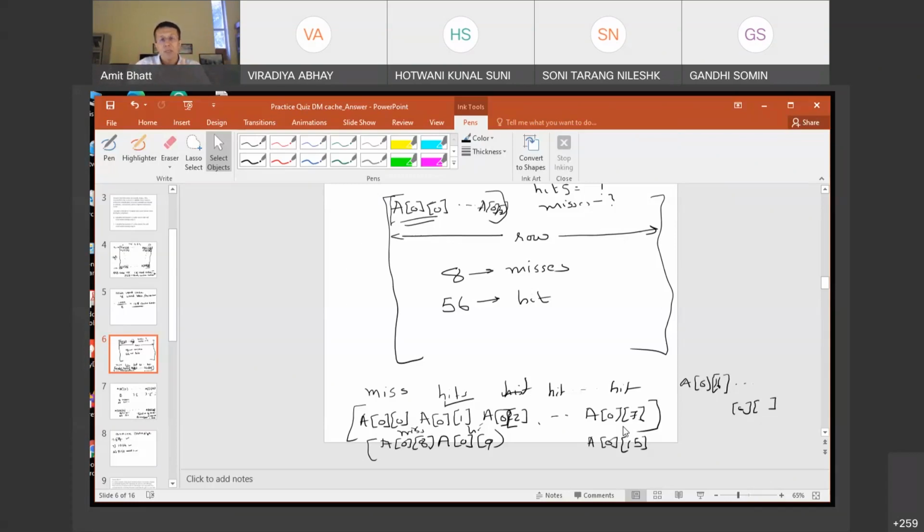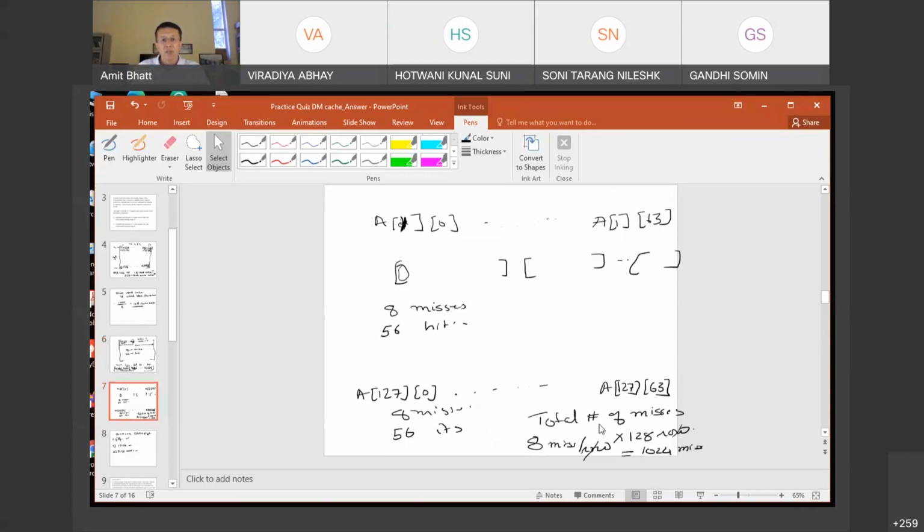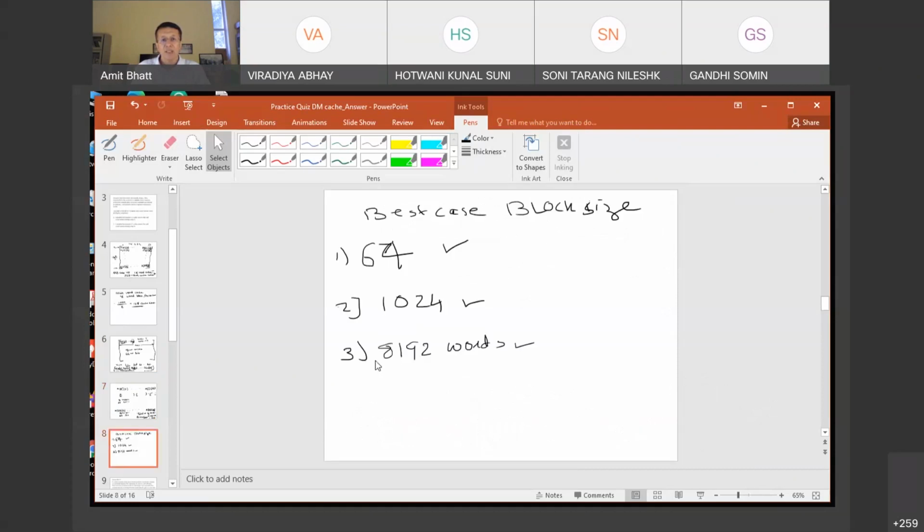So if we can make our block size as big as the cache size, theoretically in the whole cache only one block can remain. That's why we are saying this would be the best case scenario and best case block size for this particular problem. Do you agree with this?